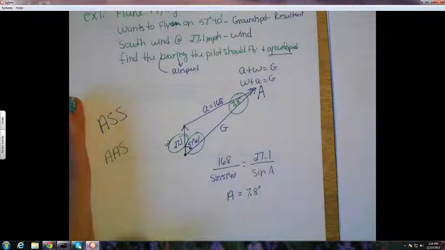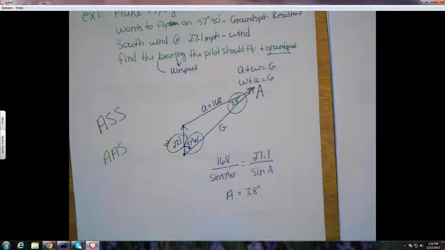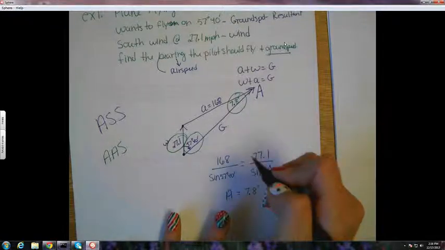Hey, we're not done. You guys might want to focus. Run angle, angle, side. That will give you the other angle here and the ground speed. So give me ground speed when you're done.